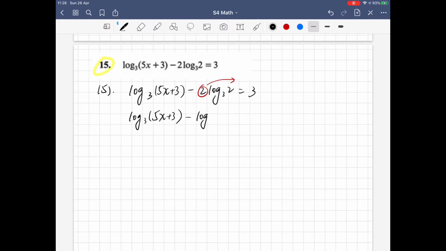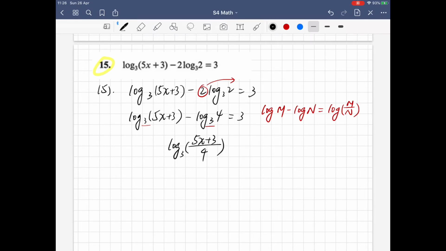And it will become log 2 to the power 2, that is 4, with base 3 equals to 3. And afterwards, as the base are the same, then we can group the logs together using the properties of log m minus log n equals to log m over n. And for the left hand side, we have log 5x plus 3 over 4 with base 3 equals to 3.